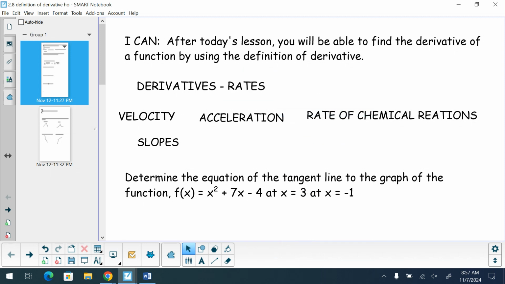And when we talk about the idea of derivatives, you're talking about rates. The rates of how things occur. How fast something is changing with respect to another.